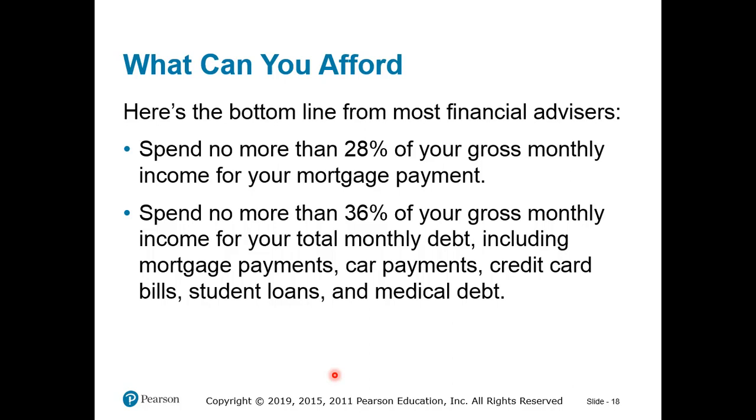Either one of these two rules is what you want to go by. If you go above that, you cannot afford the house, or you are buying too much house, and your chances of being foreclosed on and losing the house go up.